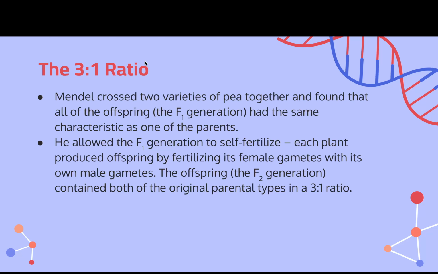Each plant produced offspring by fertilizing its female gametes with its own male gametes, and the offspring, or the F2 generation, contained both of the original parental types in a 3-to-1 ratio, instead of having only one of the parents.